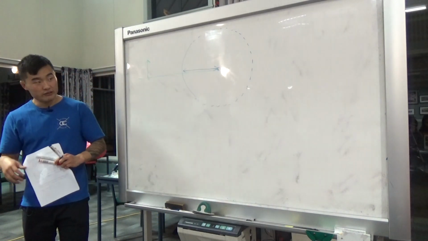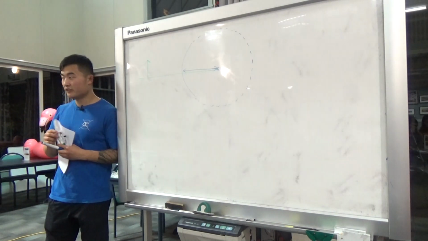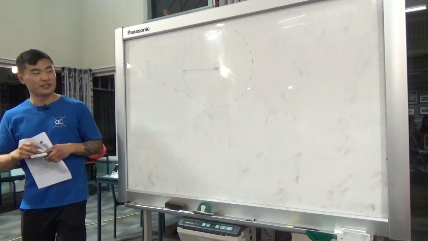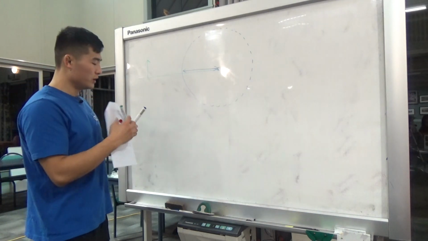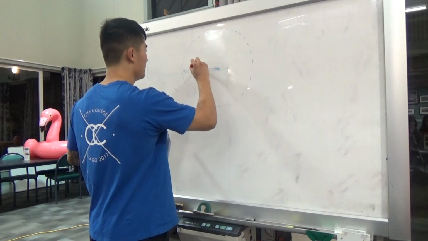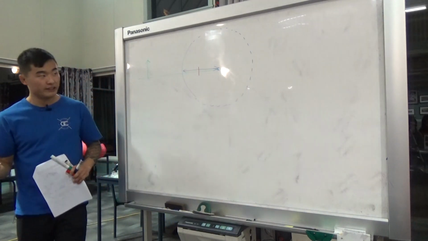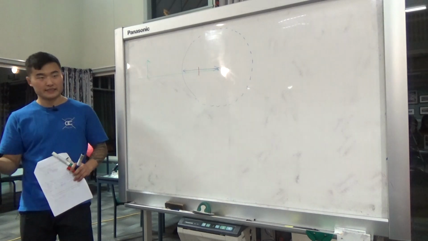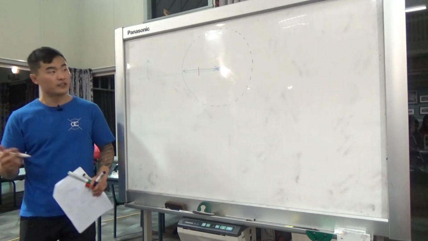And then, how is the focal length related to the radius of curvature? Yep, so the focal length will be halfway, half the distance of the radius of curvature, okay?